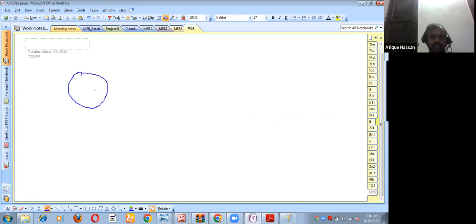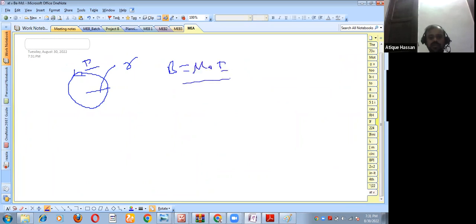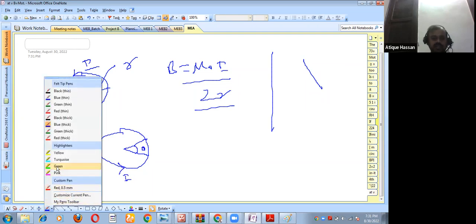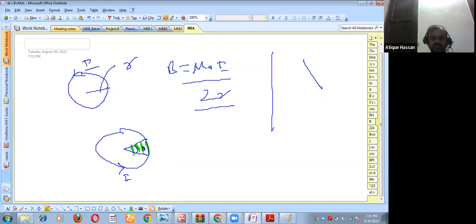We know that the magnetic field at the center of a circular loop carrying current I is B equal to mu naught I by 2R, right? Now, suppose we have to find the magnetic field due to a section of angle theta carrying current I, due to this section only.